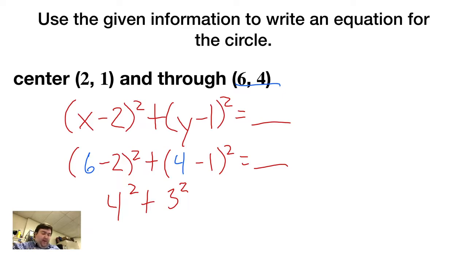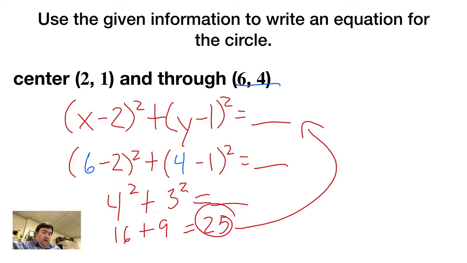But just for fun, it's going to be 16 plus 9, which is 25, which means our original equation is x minus 2 squared plus y minus 1 squared equals 25.